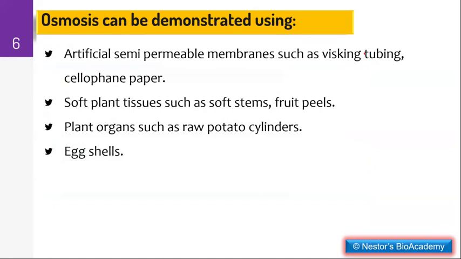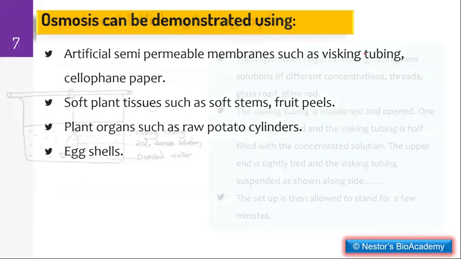And also you can use plant organs like the raw potatoes, the raw Irish potato cylinders can also be used. And of course, you can also use eggshells to illustrate osmosis. So in this lesson, we are going to look at the various ways through which this can be achieved.